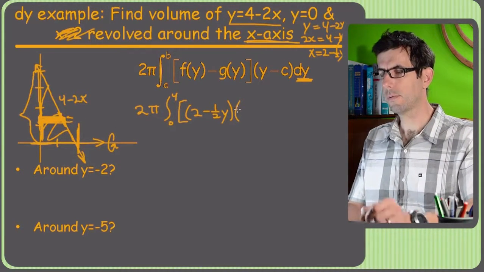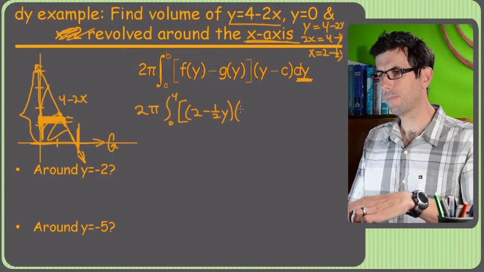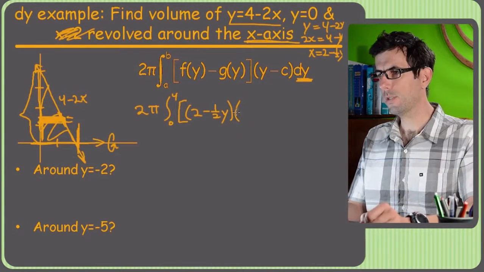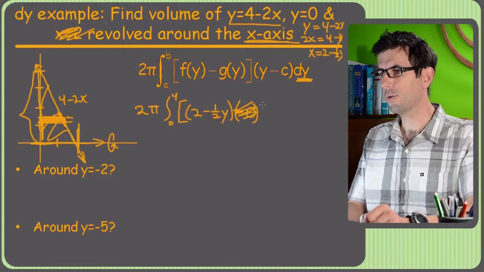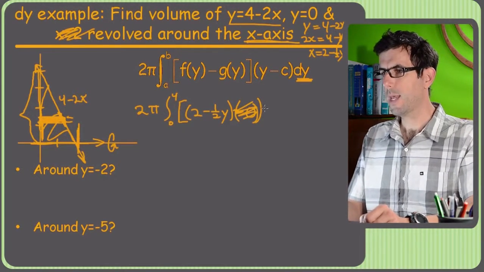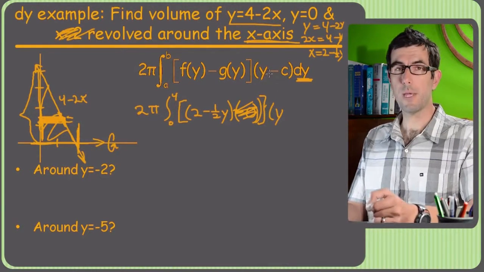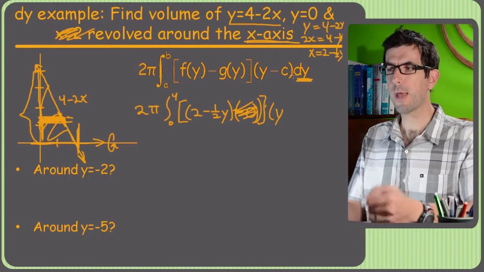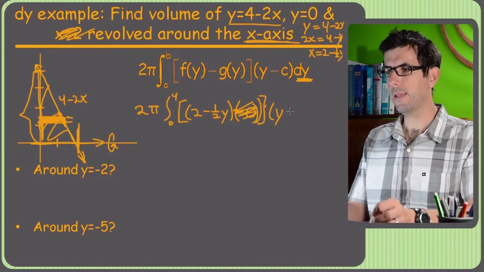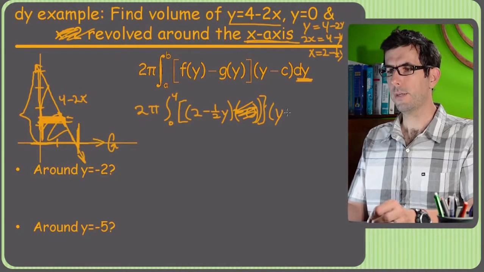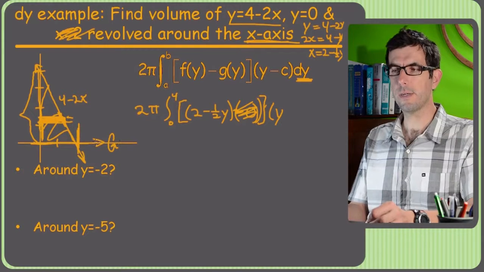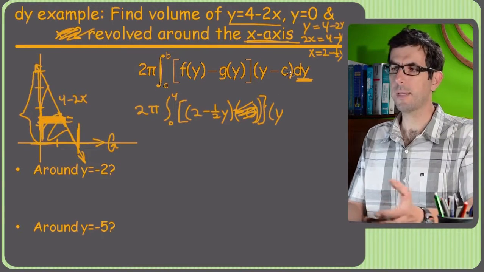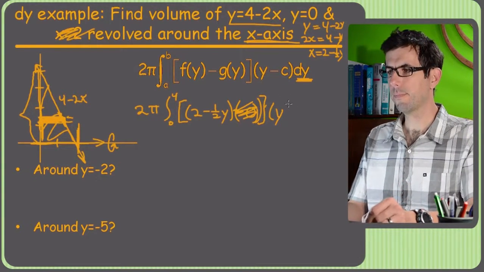So this is just minus 0. So that just all goes away. G of y is just 0. And then we've got y. So just like we had x minus c or x plus c in the dx problems, we got y plus or minus c in this problem, since we're doing dy. So we just get y, and because the spin axis is y equals 0, it's just y minus 0, which is just y.